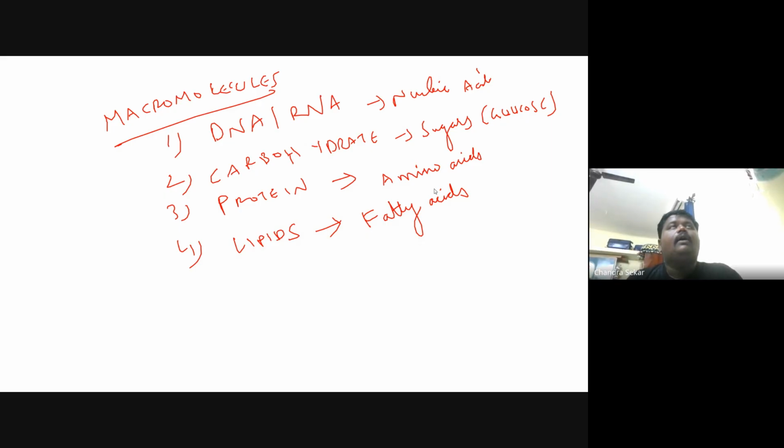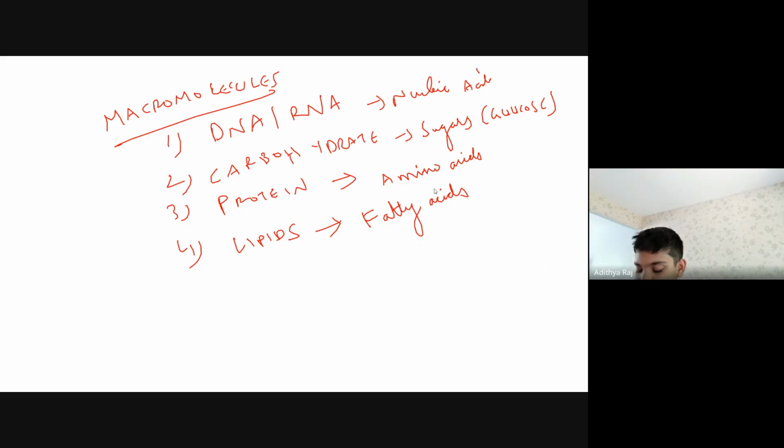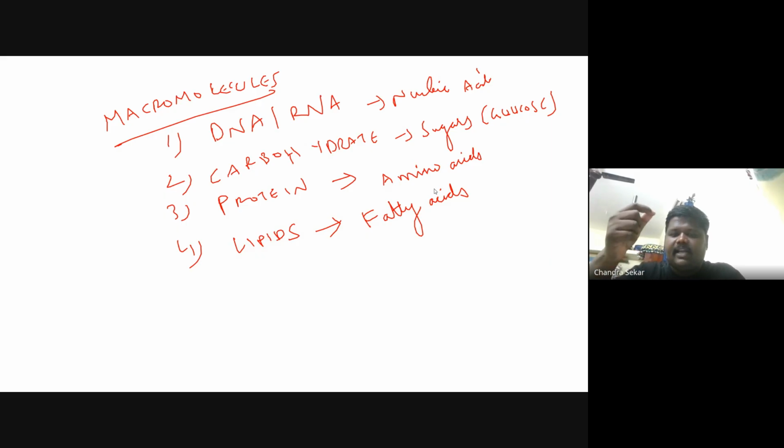Okay, but if you have had a chance to see some slaughterhouses, or you can see even on the internet, when the mutton is slaughtered, this is science, don't think it bad, you can see some white color tissues. Those white color tissues are fat.